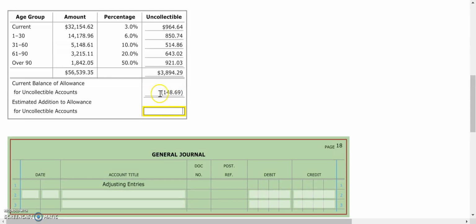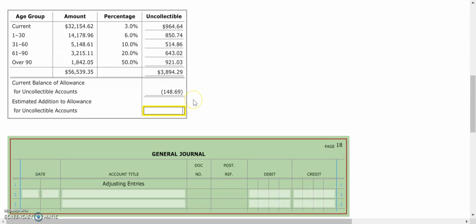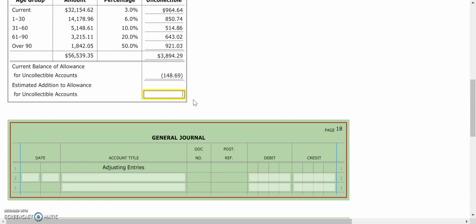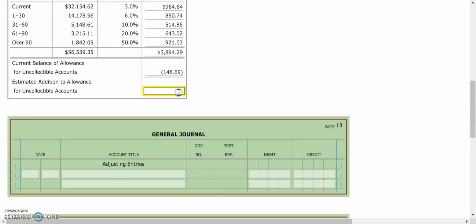So you need to put a negative sign in front of the 148.69 in order to get parentheses. That signifies to us that's a debit, because if we had a positive number here, you'd end up taking the difference between these two or adding them together, and that's not what we need to have happen here in order to get our estimated addition to our allowance account.